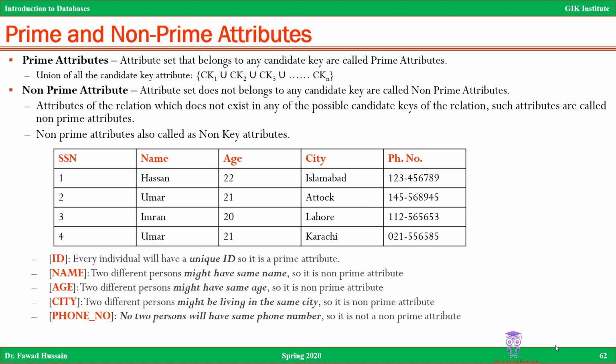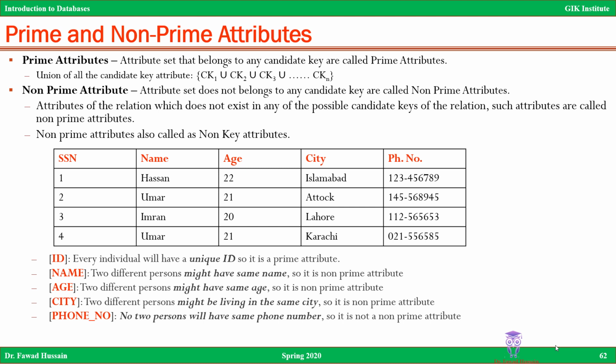Age is the same as name, and it's also a non-prime attribute. City and phone number are also non-prime attributes. The reason phone number is a non-prime attribute is that one person can have multiple phone numbers, so for that reason you cannot have it as a candidate key.